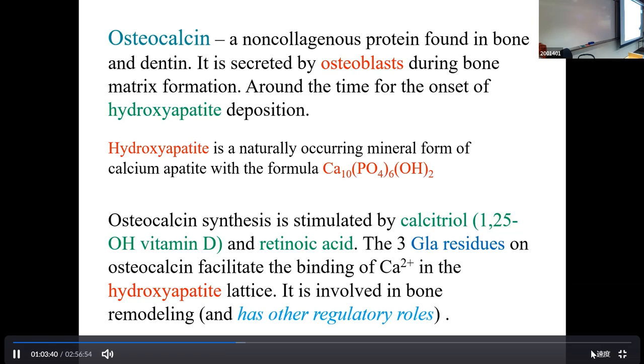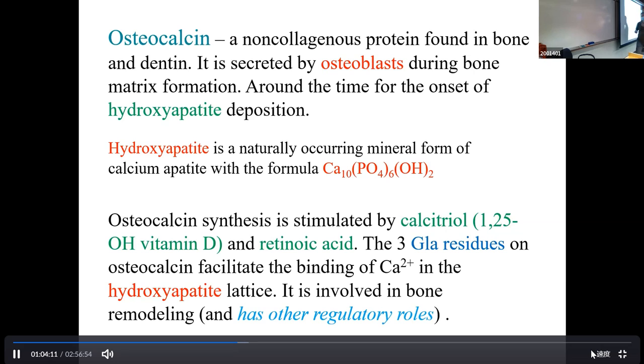If you try to put things together, the first thing is that we need calcium. Why do we need calcium? The calcium will strengthen the bone. So how are we going to get the calcium to better attach and glue to the bone materials? That is through this mechanism in which this protein plays a role.